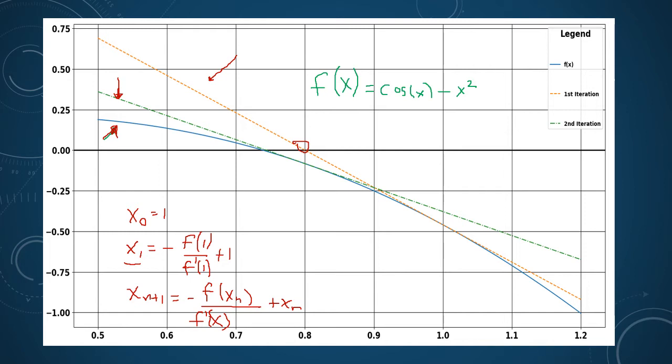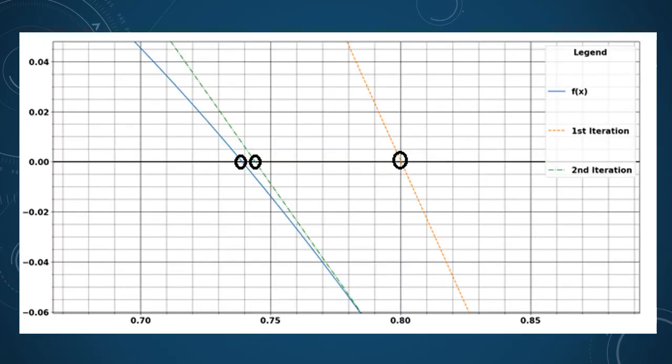But notice that this x2, which would be here, is actually very close to our actual root. Notice this is a y equals 0 line. It looks close, and it's not exactly close, but on the next slide we'll see. Sorry about the picture, it's a little bit blurry.